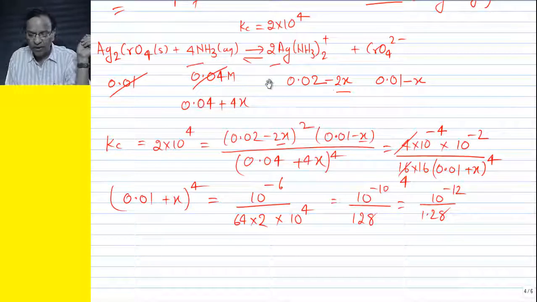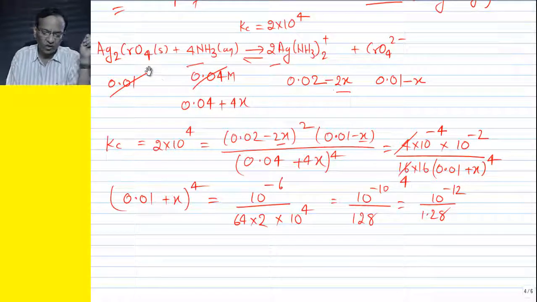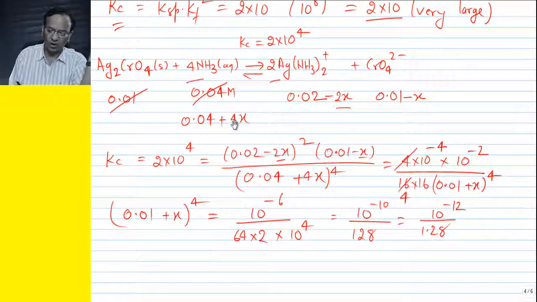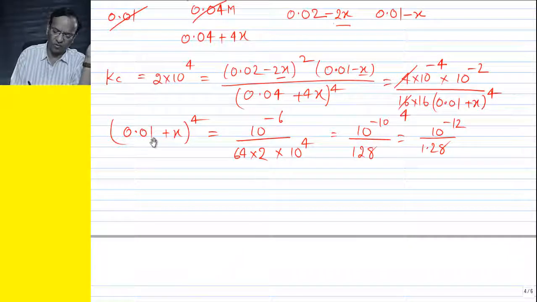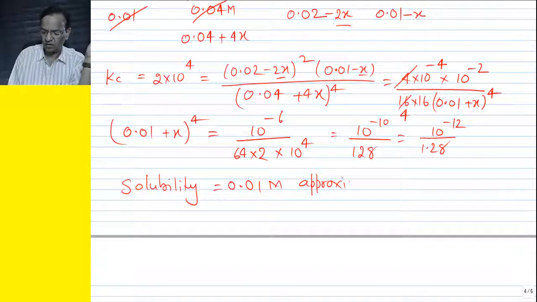The equilibrium will lie predominantly to the right, so 0.01 mole of this will dissolve. So molar solubility can be directly taken as 0.01. There is no need to take the fourth root at all. So solubility is approximately 0.01 molar.